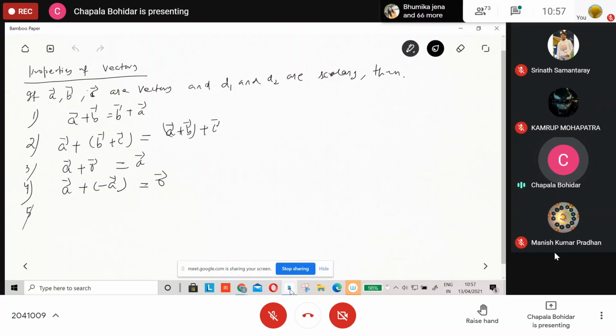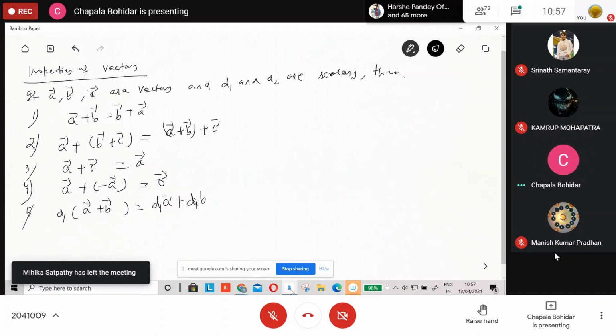Now multiply by scalar, it is your D1. So we are considering two scalars D1, D2. Having two vectors like this, what do you write down? We write D1 A vector plus D1 B vector.